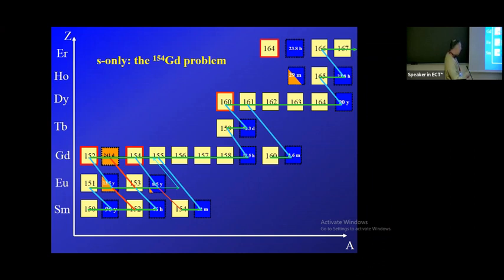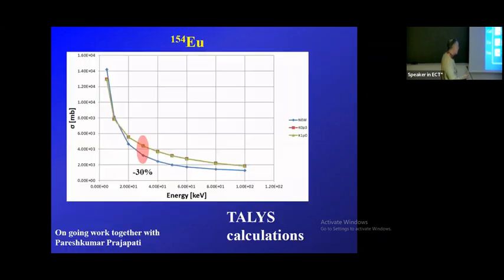So one very interesting candidate to be measured, from the experimental point of view, could be the europium-154 (n,γ). I just received this plot from Paresh, with whom I started a very recent collaboration, and he performed some TALYS calculations on this neutron capture rate.